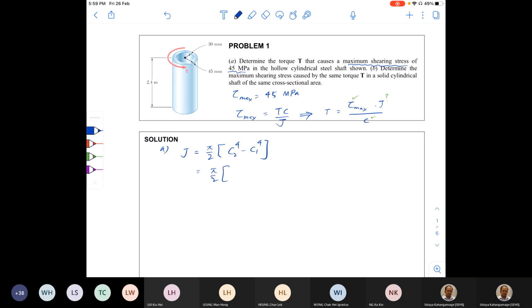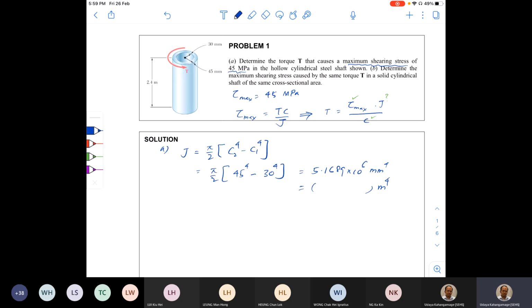Let's find it in millimeters first. 45 millimeters to the power 4 minus the inner one, 30 to the power 4. I have done the calculation and I got 5.1689 into 10 power 6 millimeters to the power 4. You can convert this into meters to the power 4 before you substitute in the equation.